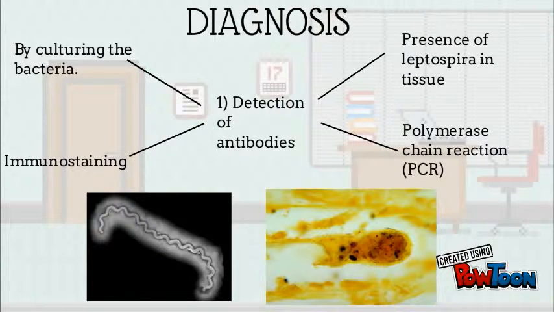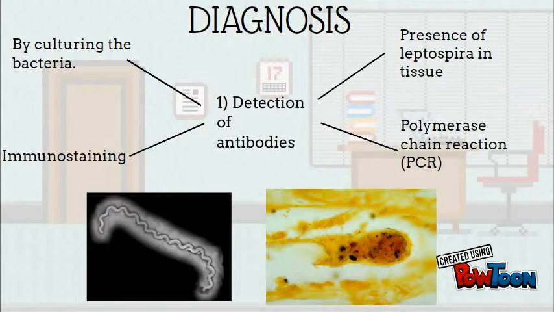It is usually diagnosed by the detection of antibodies, by culturing bacteria from blood, urine, or tissues, or by demonstrating the presence of Leptospira using antibodies labeled with fluorescent markers. Other diagnoses are PCR and immunostaining.